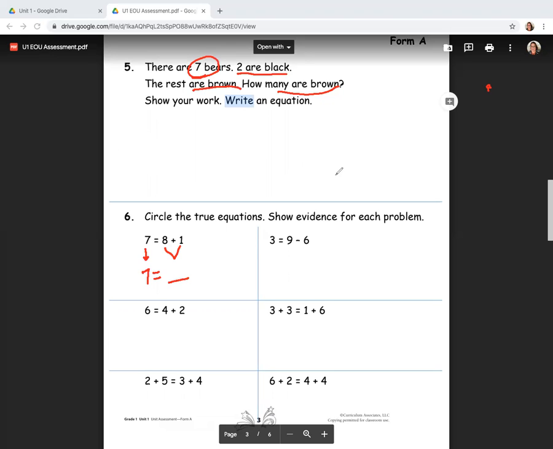If they are equal, you're going to put equal. If they are not equal, you're going to put not equal. If it is a true equation, you will circle it. If it is not, you will leave it alone. Go ahead and solve all of these problems.